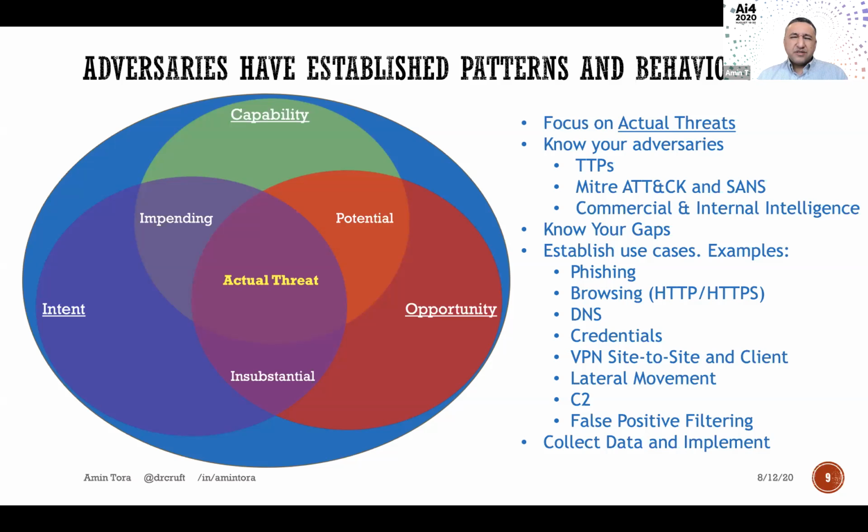So these are the areas, and as you do this, you have to keep in mind also that we have to look at the actual threats. So don't always be misled, but also don't forget or neglect some of the areas. So we need to look at, what does the adversary have in terms of capability, opportunity, intent, and look at the actual threats and try to focus on that first before you start covering some of the other bases and areas.